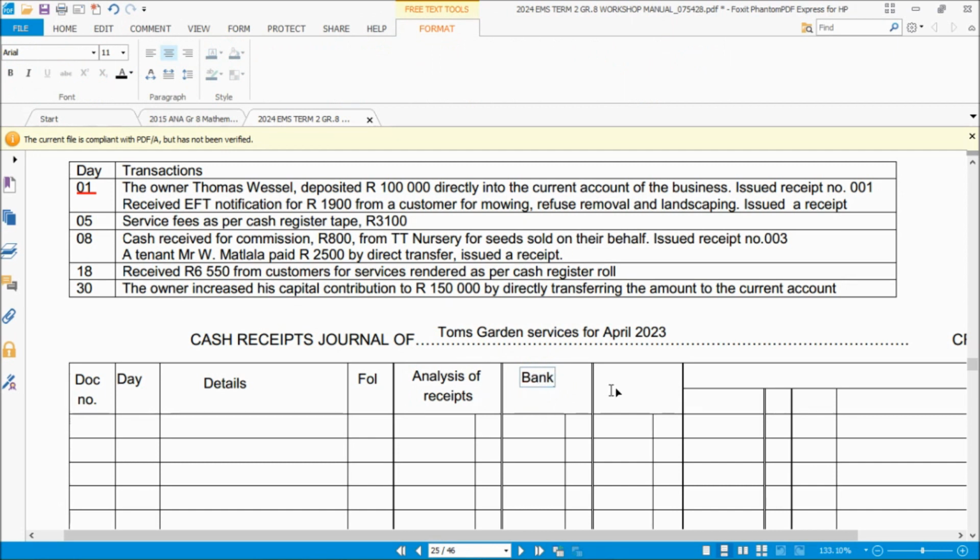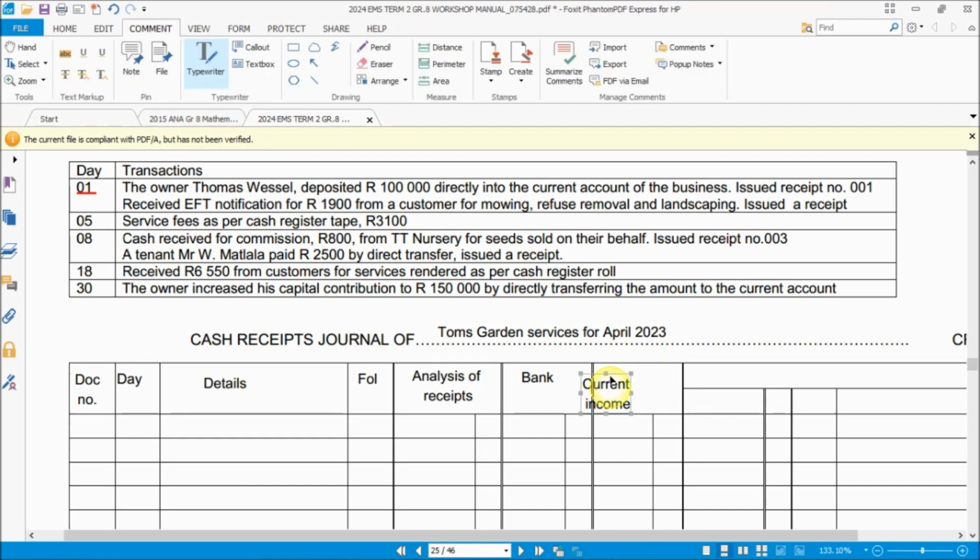Okay, before I continue, analysis of receipts. Okay, we'll come back to it. Current income. And make it a bit smaller so it can fit into my column. Then I've got sundry accounts.